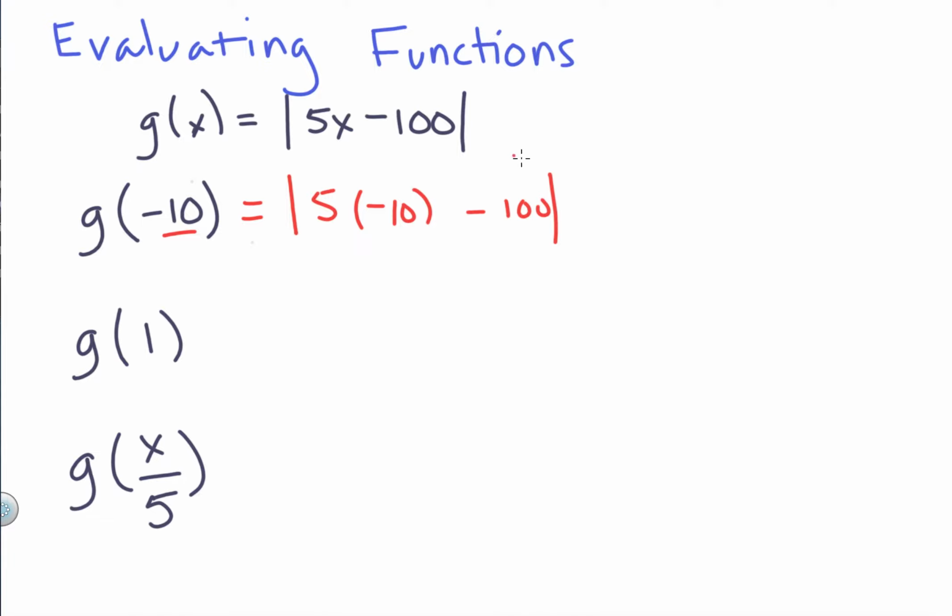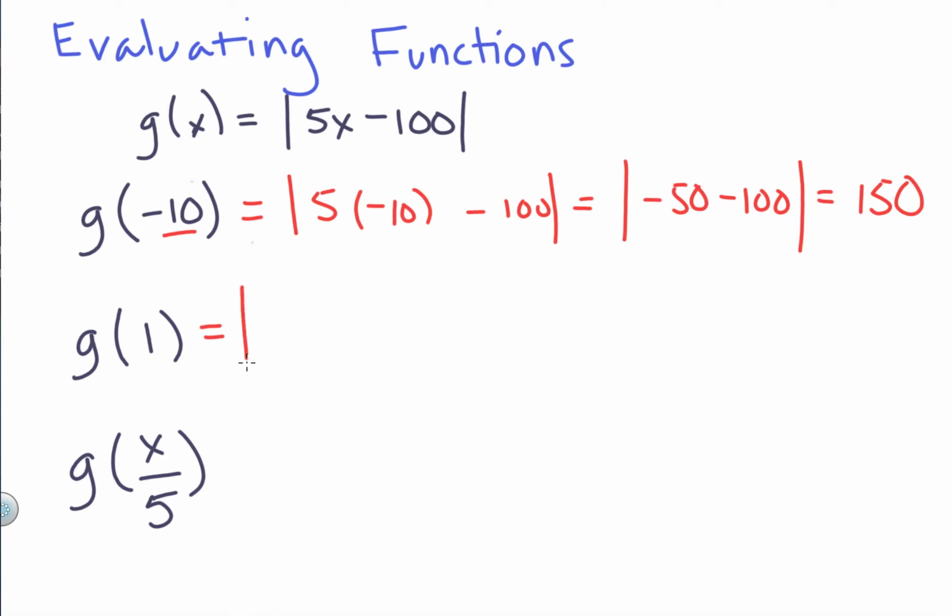Simplifying, we end up with -50 minus 100, which is -150. But because of the absolute value, we interpret that as distance from 0 is 150 units.